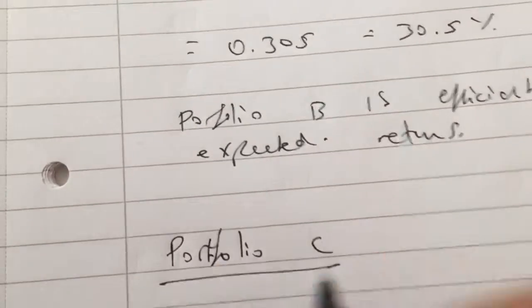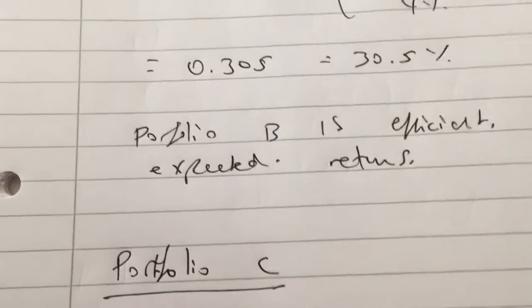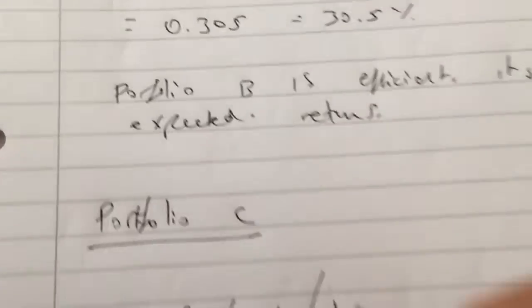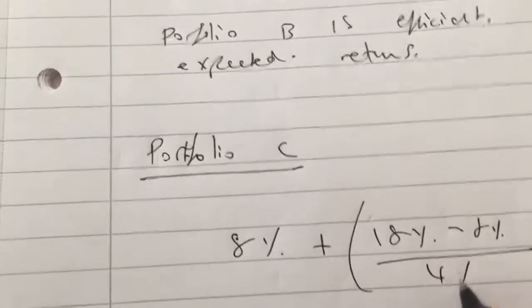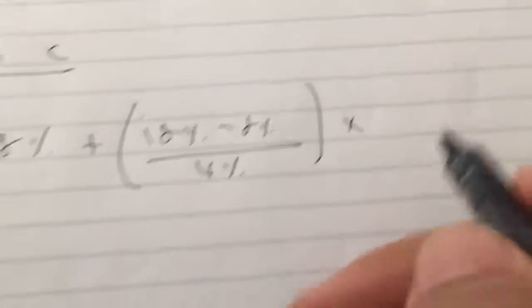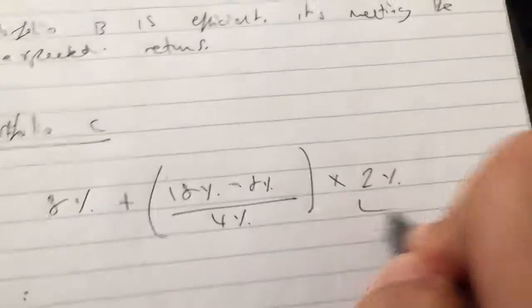So portfolio C, same formula. 8% plus 18% minus 8% divided by 4% times the risk of portfolio C, which is 2%. This is the only value that changes.